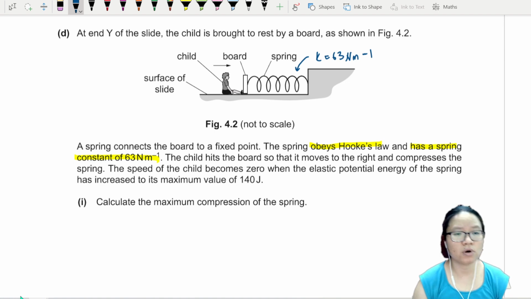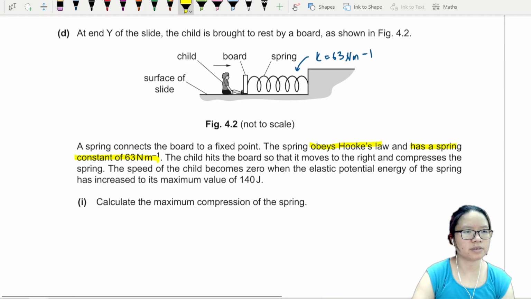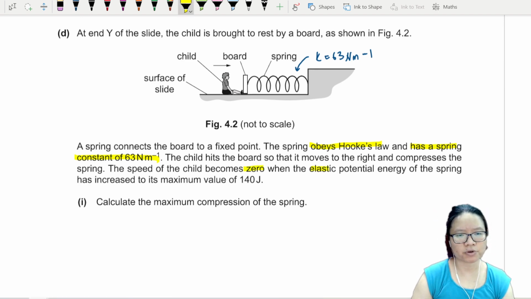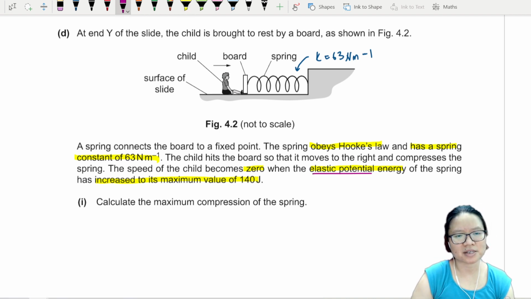The child hits the board so that it moves to the right and compresses the spring. Speed of the child becomes 0 when the elastic potential energy of the spring increases to the maximum value of 140 joule. So we do have the maximum value of elastic potential energy.